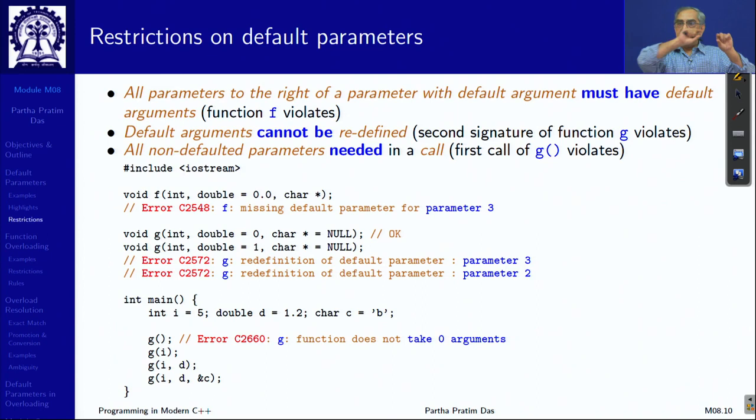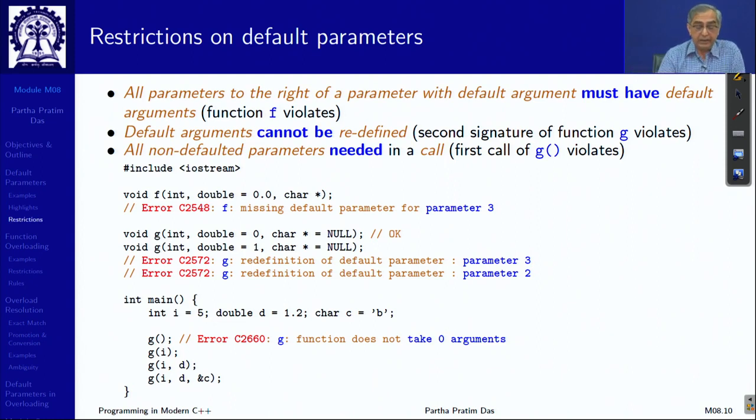So, the entire sequence of parameters from left to right will be a sequence of non-default parameters followed by a sequence of default parameters. That will always have to be the pattern, because otherwise there is no way to know which parameter is what, because in C++ we always associate parameters by their position, not by their name, right.